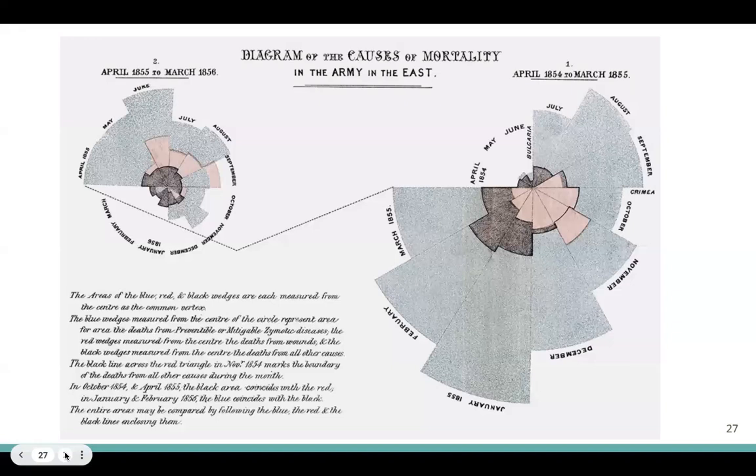So preventable and mitigable diseases, right? That's the application of this: if you took basic measures, like having treatment and nurses and doctors and better field hospitals available.